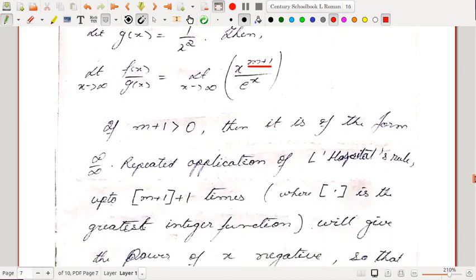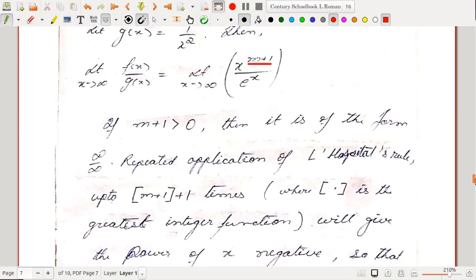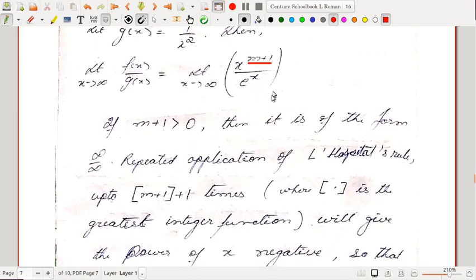So that will go to 0. So if m plus 1 is less than or equal to 0, there is no problem, this limit is 0. If m plus 1 is strictly greater than 0, then it is of the form infinity by infinity, and we can apply L'Hopital's rule repeatedly. After a finite number of steps, the power of x will become negative here, if you take the steps up to the greatest integer of m plus 1, plus 1.